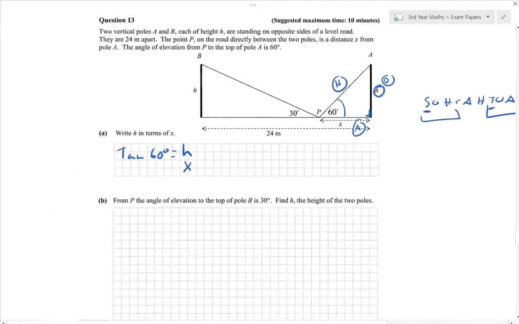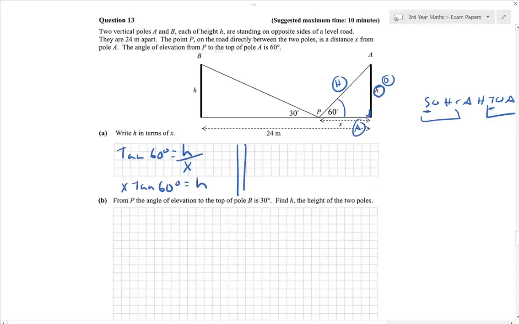So the question said write h in terms of x. So I want h on its own. How do you get rid of a divide by x? You multiply by x. So that's going to be x tan 60 degrees is equal to h. Now you can put tan 60 degrees into your calculator and that will give you the square root of 3.